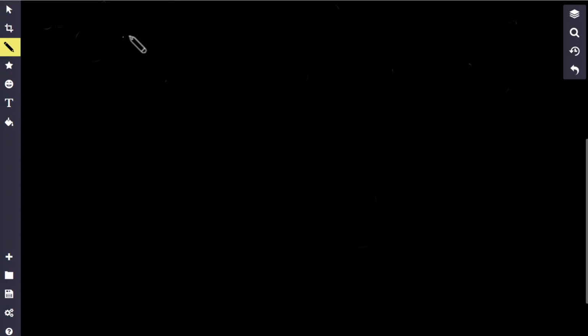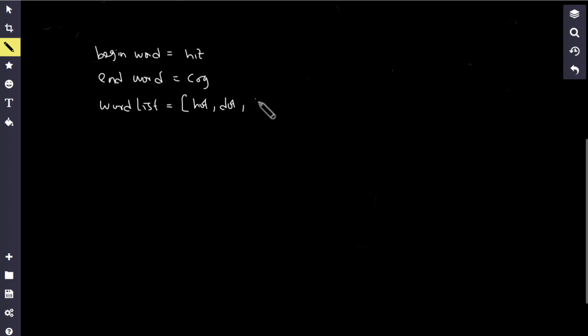Now, from the question given, we have the begin word, in this case HIT, and we also have the end word, in this case COG. And then we are given a word list, which in this case is HOT, DOT, DOG, LOT, LOG, and COG.